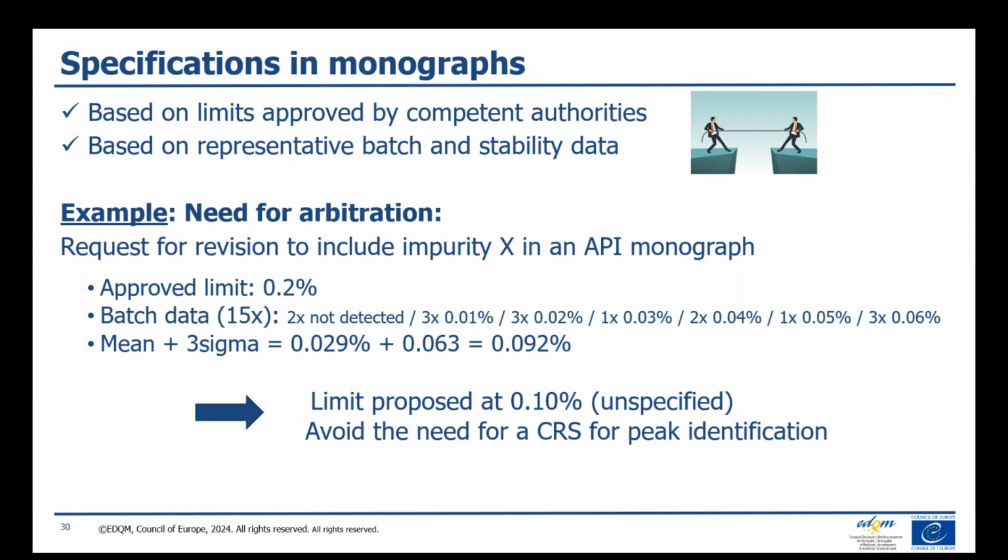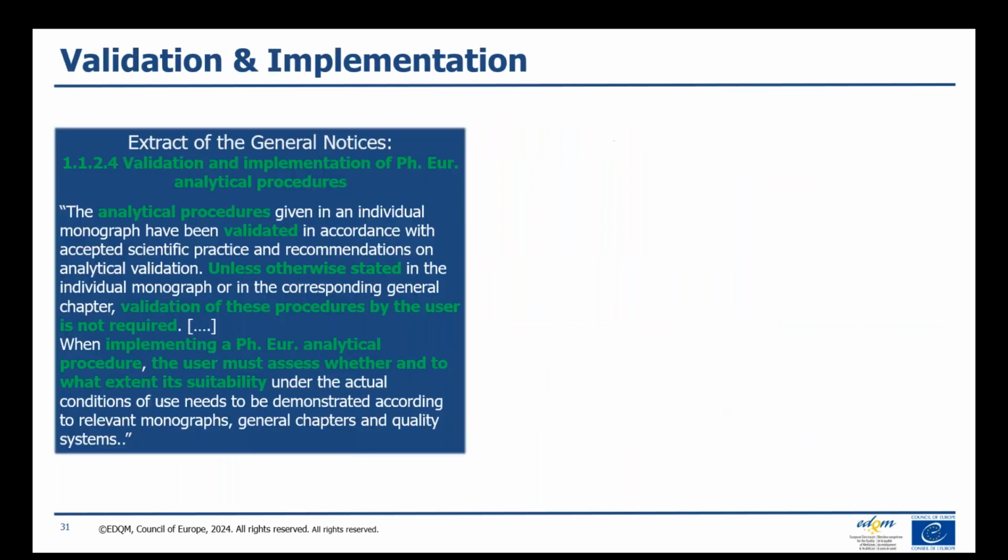In our monograph, the procedures which are described are validated according to ICH Q2. So it's not necessary for a manufacturer to do a full revalidation of the monograph, but it is important to assess it before you use the method to implement the procedure.